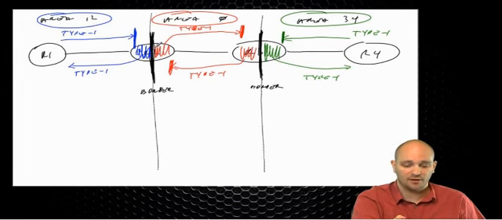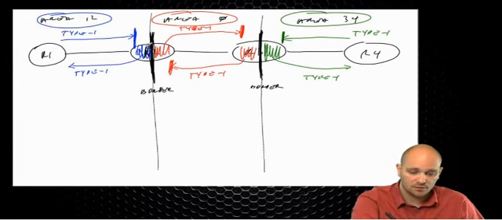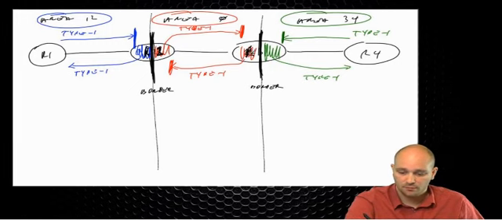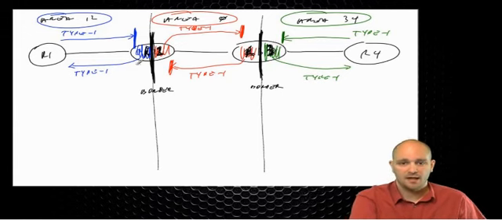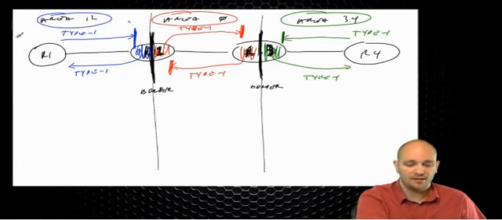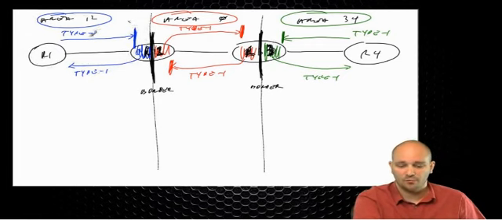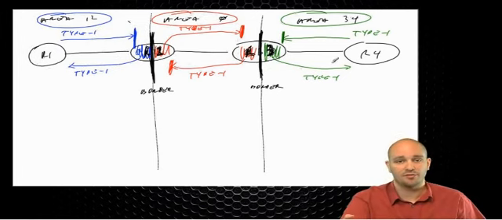One in area 12 in case of R2, so this is R2 and this is R3. So this one here will be generating type 1 LSA in area 12 and in area 0, and R3 will be generating type 1 LSA in area 0 and in area 34.